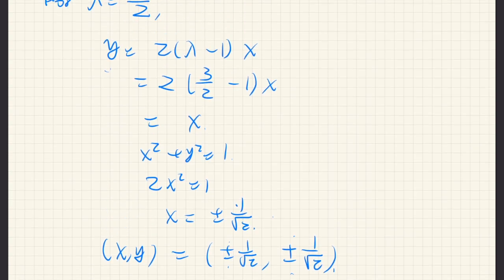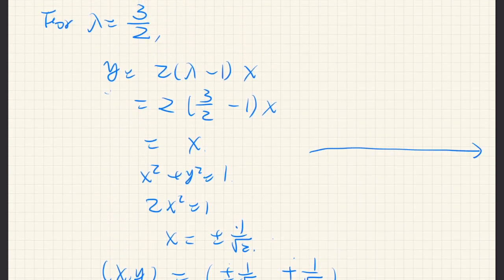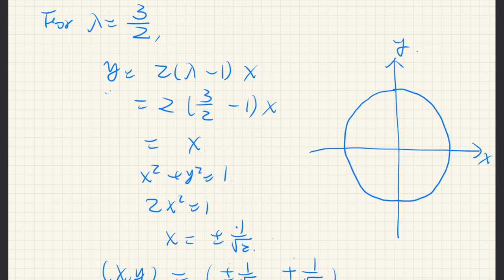So if we visualize these points on the unit circle, these points are indeed on the unit circle centered at the origin. So these are these 4 points. Okay, so this is positive 1 over square root of 2 and positive 1 over square root of 2.